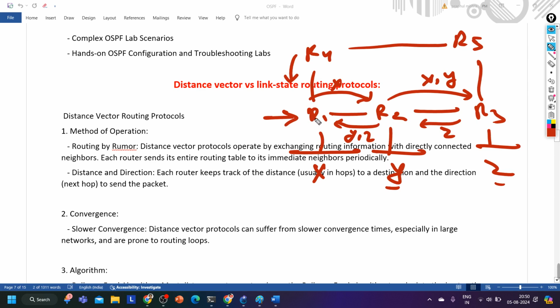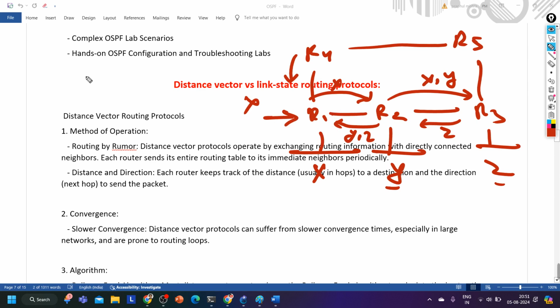So router 1 doesn't have information about the upper path. If the upper path is not a feasible successor in EIGRP, then router 1 is going to install only the best path via router 2. And if the link goes down, router 1 will directly generate a query message to its neighbors, right? This is what routing by rumors is. Routers are dependent on their neighbors and don't have information of the complete topology.